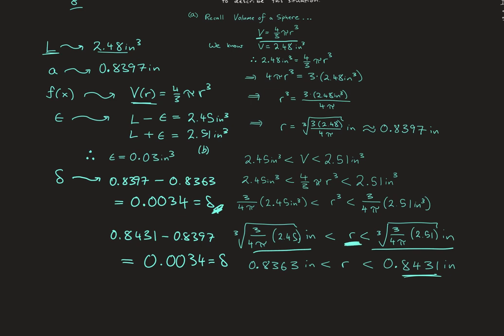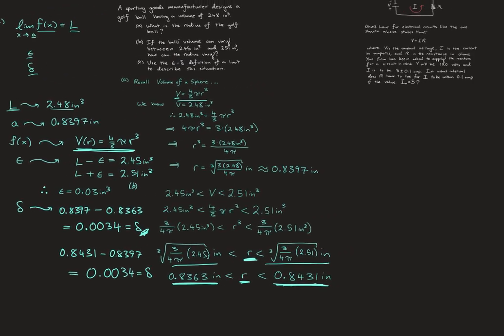If we want to be more careful, we would round this up to 0.8364 and then round this one down to 0.843. You don't want to accidentally create an R value that will allow the volume to be more than what you want it to be. So that's our first example, and we could even draw a picture and everything, but I'm going to stick with it there because I have another example, kind of cool.